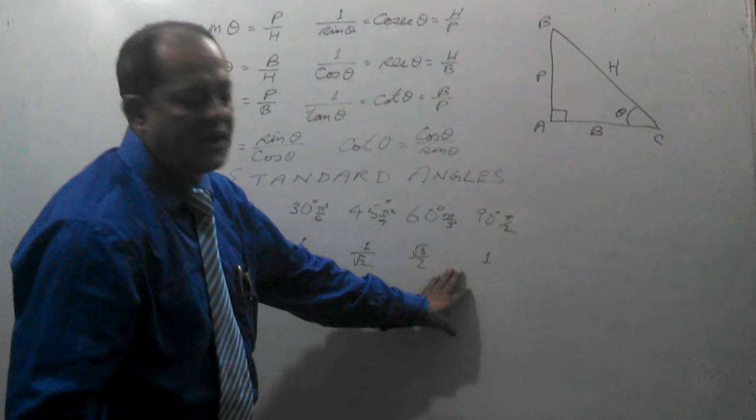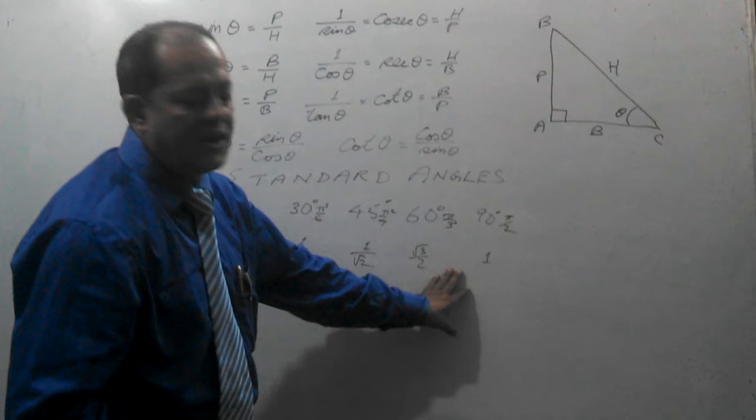So 0 divided by anything is 0, so it will be 0 only. Root of 1 is 1 and root of 4 is 2. It will be root 2 by 2, which can be written as root 2 multiplied by root 2 multiplied by root 2.